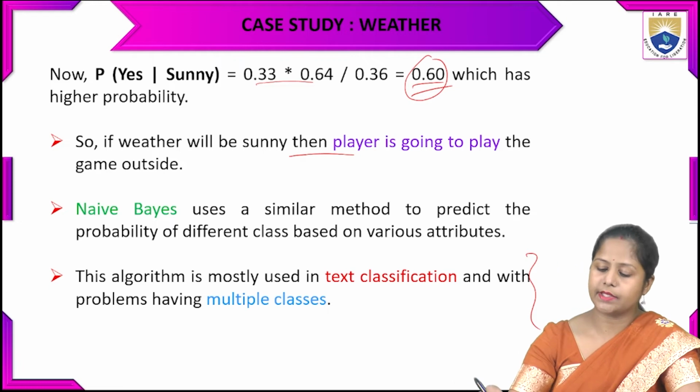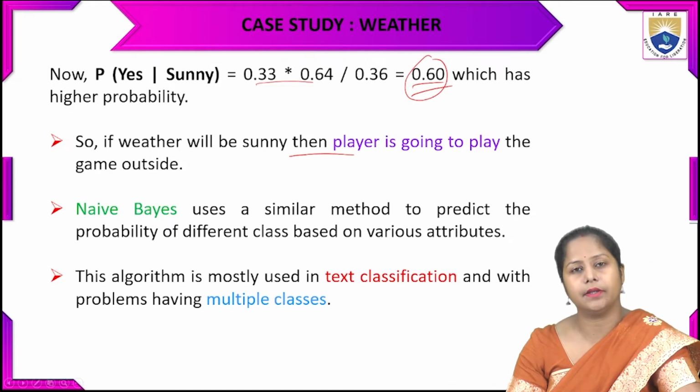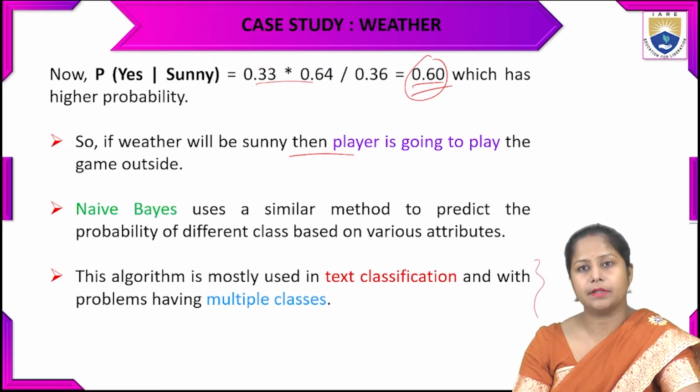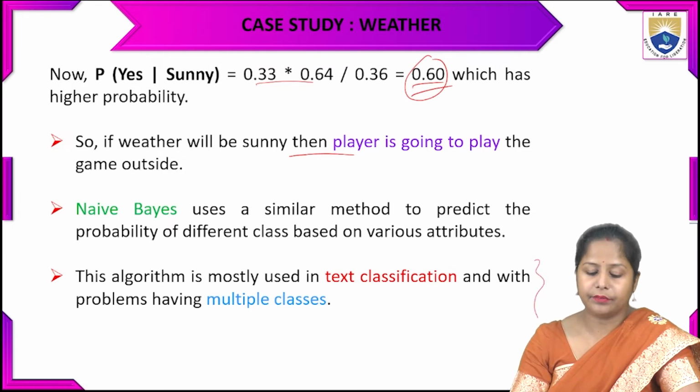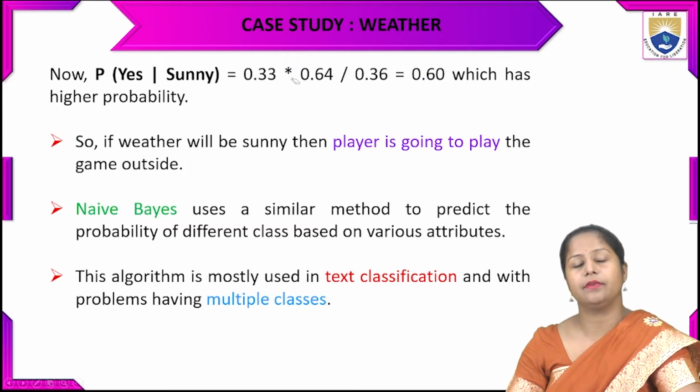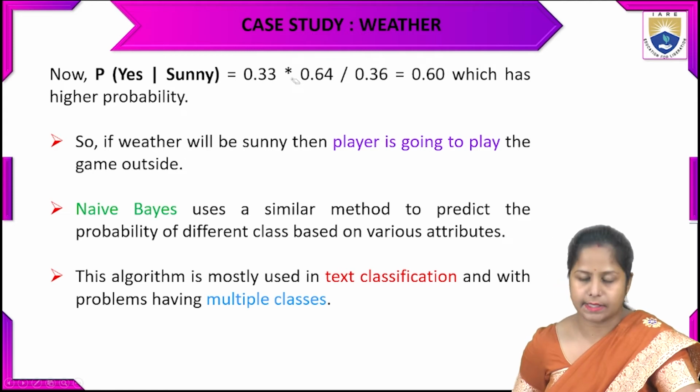With applications like S and no, we are going to apply the naive Bayes classifier. It is also used for problems having multiple classes, and in text classification we can use the naive Bayes classifier.